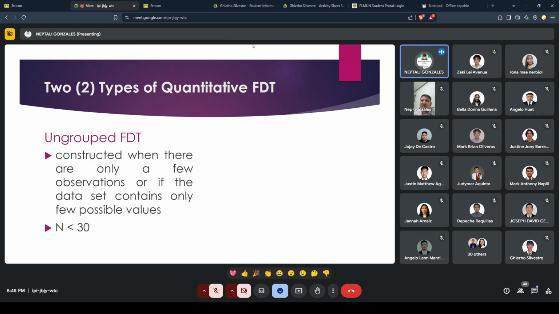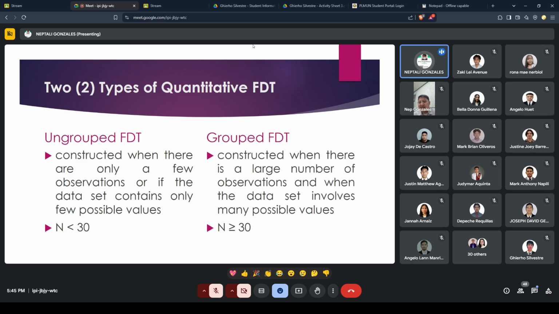If the number of observations, the size, is greater than or equal to 30, then you will use the grouped FDT. It is constructed when there is a large number of observations and when the data set involves many possible values. For ungrouped, n is less than 30. For grouped, n is greater than or equal to 30.